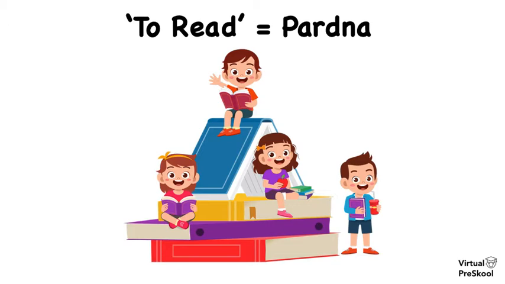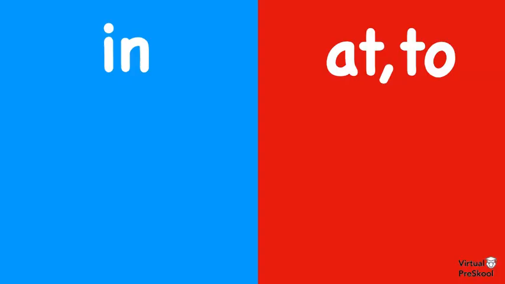So far you have learned the 4 times of day, morning, afternoon, evening, and night, and you know that the verb to read is padhna, but you don't know the in part or the at part. In the morning, at night. You don't know the in or the at. So that means we need to learn those connector words to be able to say full Hindi sentences. So let's learn those now.